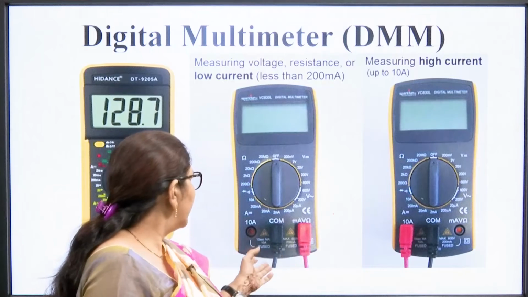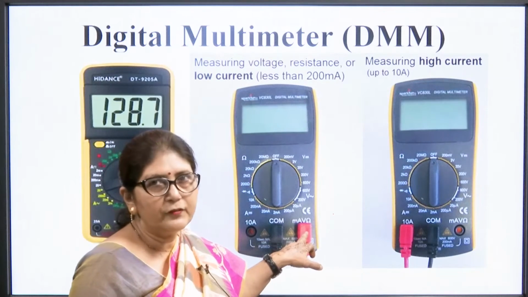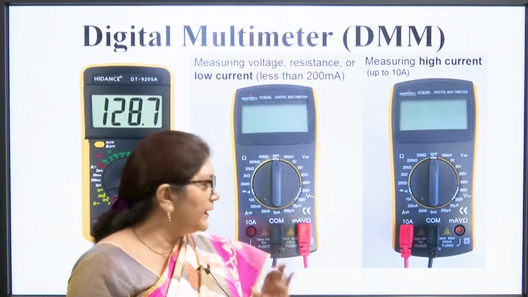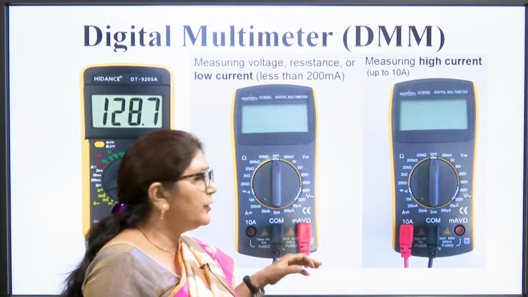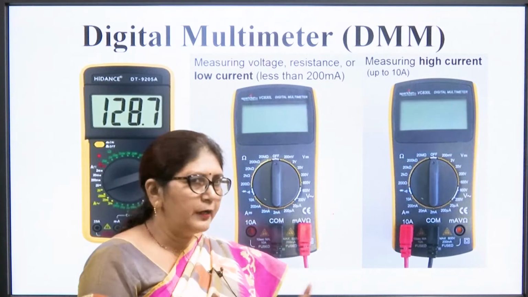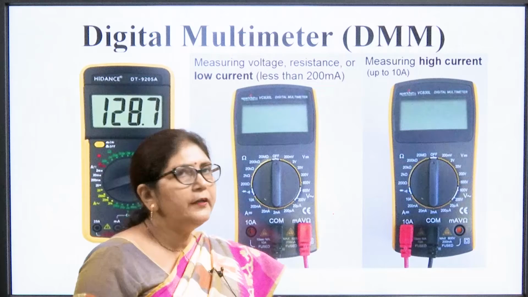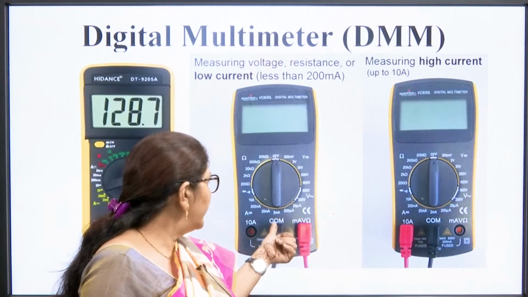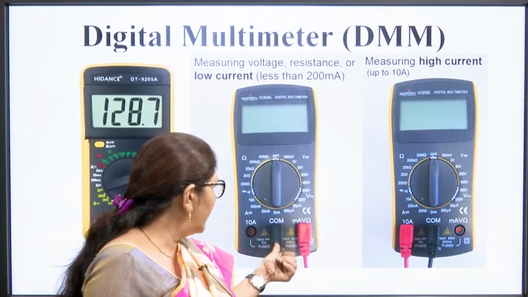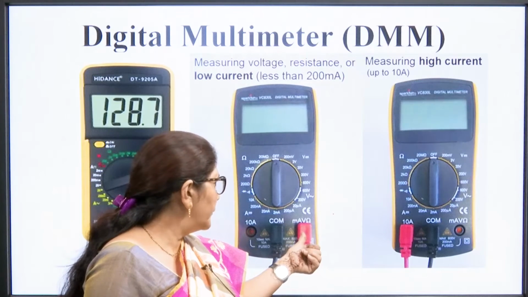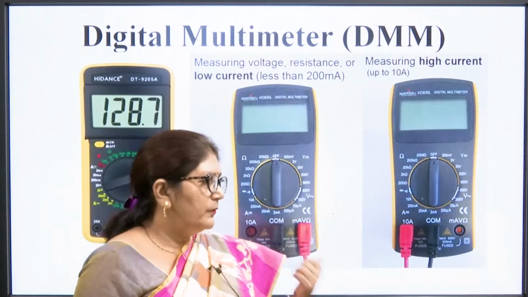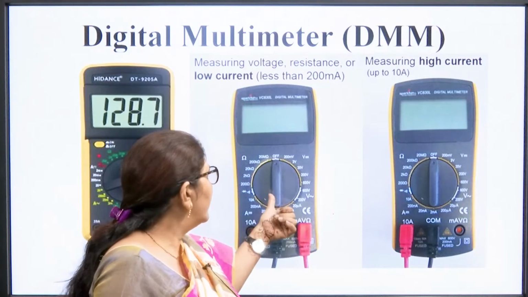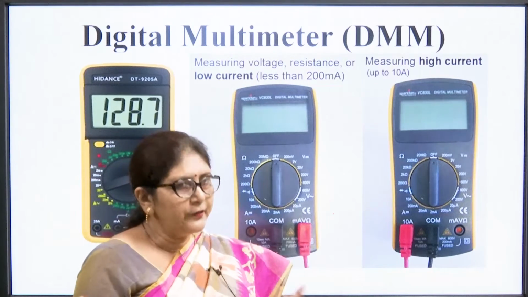So, we will put our knob at this position, generally the red lead is used for the unknown signal quantity, and the black lead is used for the common purpose, that is, for grounding. So, we have put the black at the common terminal and red at this position, and then again, as I have told, we will always measure any quantity by putting the knob at the highest position.